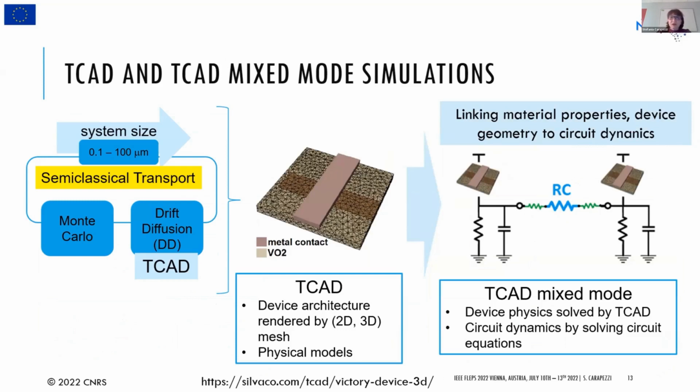And you have also the availability of many physical models, for instance, to describe the strain of the material, or the thermal properties of the material. And you solve the device physics in a geometry, in a mesh, which accurately reproduces the geometry of your device, which is quite important, for instance, if you need an accurate description of electrostatics, or for a thermal behavior.